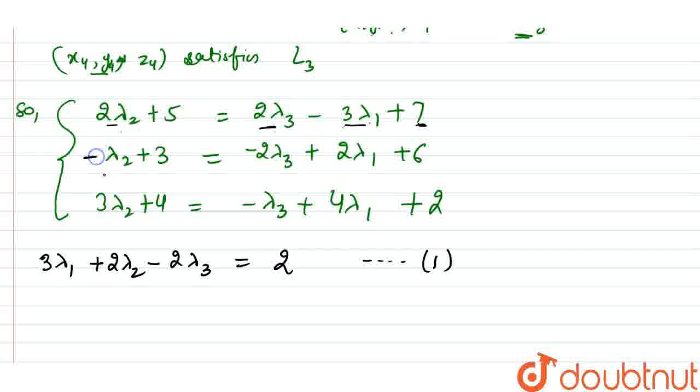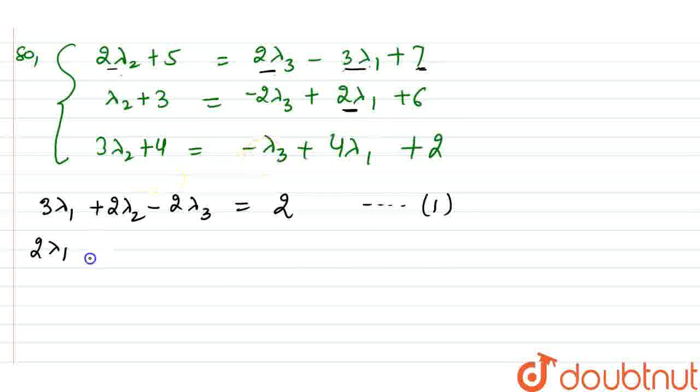Now similarly, for the second equation, this is 2 lambda 1, and let's take this lambda 2 here, so this will become minus lambda 2. This is minus 2 lambda 3, and let's take the constant to the other side.